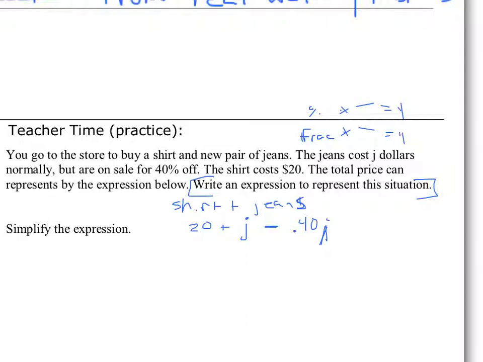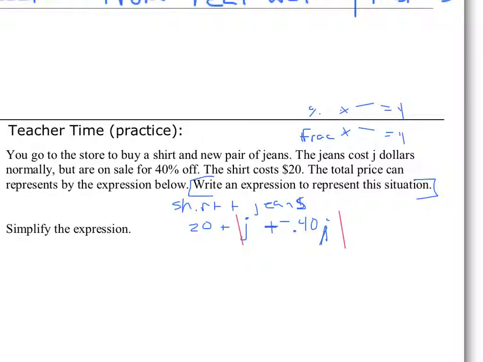Now we want to go ahead and combine like terms because we're already associated. Now, when I combine like terms, I usually add the coefficients or subtract the coefficients. But right now, J doesn't have a coefficient. It doesn't have a number out in front.